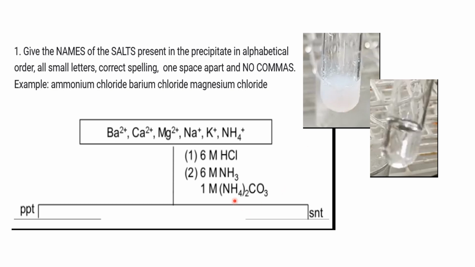But in the presence of ammonia, the precipitate disappears. So, magnesium will be placed under supernatant together with sodium, potassium, and ammonium.